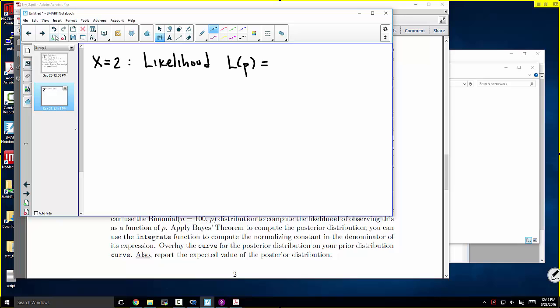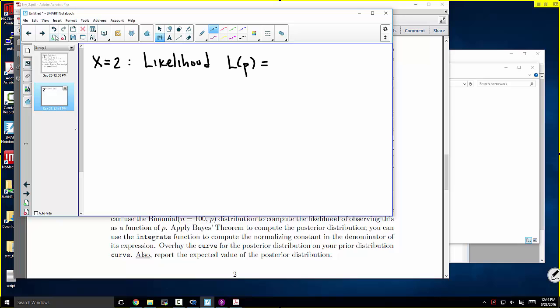So we could represent our 100 zeros and ones as a random sample of size 100 from a Bernoulli, in which case the likelihood would be a product over i equal 1 to 100 of the Bernoulli PMF. It's equivalent to say we observed 100 and there were 2 adverse events out of those 100. That's a binomial approach. So whether we treat it like binomial or Bernoulli, we'll get the same results.